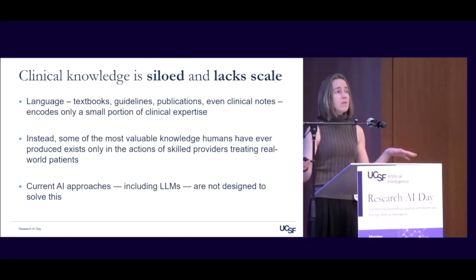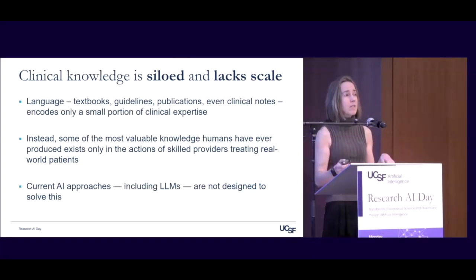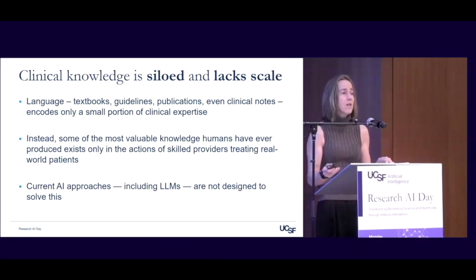To start with, I'm going to take the basic premise that clinical knowledge is far too siloed and lacks reach. There's so much deep knowledge, but it's not efficiently reaching all the pieces and people and places and patients that it needs to. We have language, but language, whether it's textbooks, guidelines, publications, or even clinical notes, encodes only a small portion of that expertise.